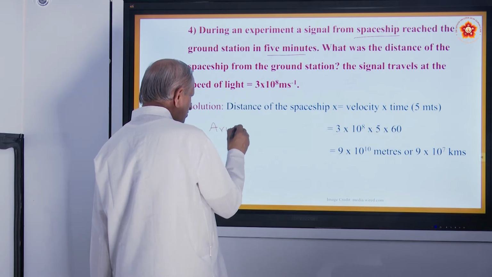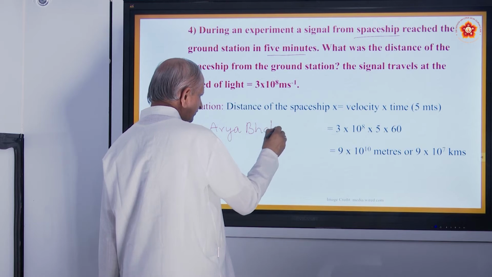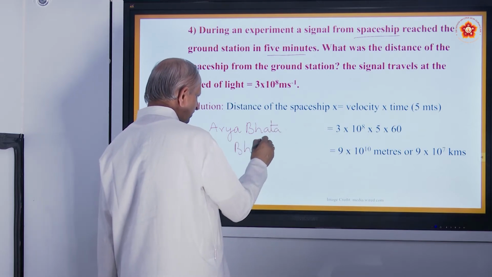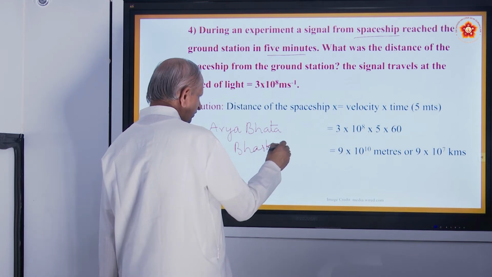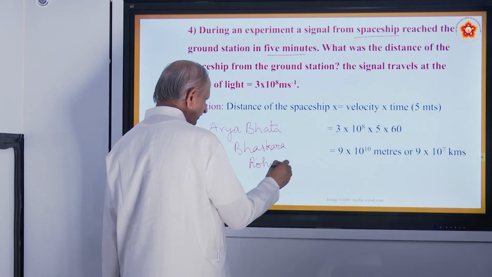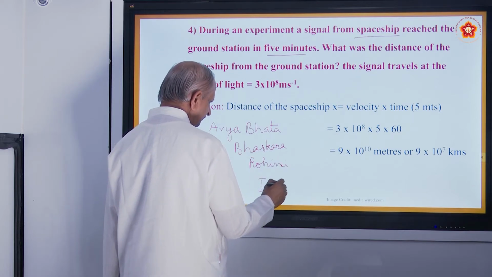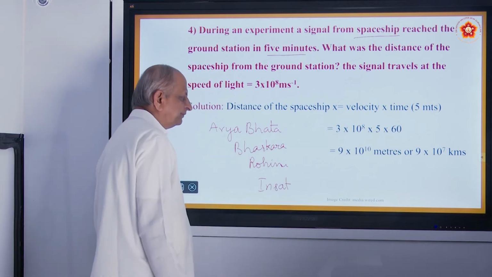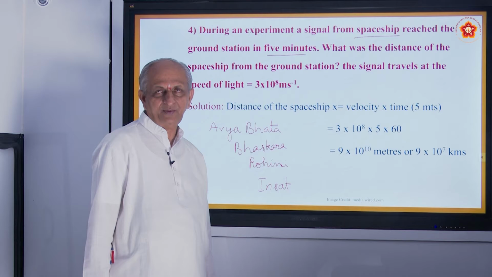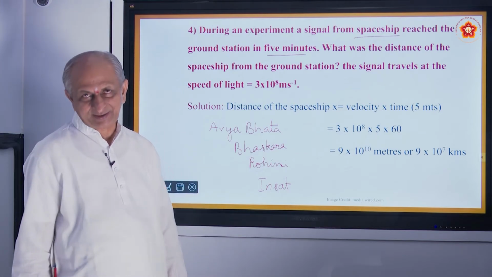Why is it called so? It is named after a scientist, Aryabhata. Then named after Bhaskara, you have Bhaskara, then Rohini, etc., and the INSAT series. All these are some of the satellites launched by our great country India with the help of rockets.